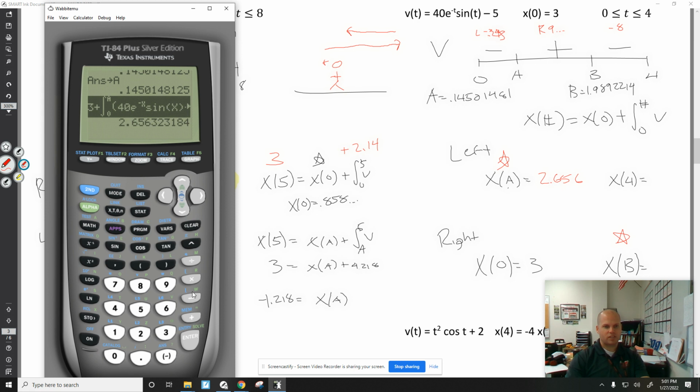Let's find my position at time 4. I will do the same thing, only I can find my displacement from 0 to 4, my change in position, so I don't have to worry about going one at a time and then using this position to find the next position, though I could. 3.5166.